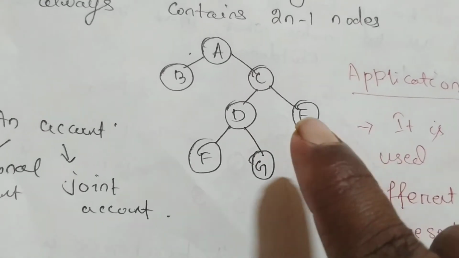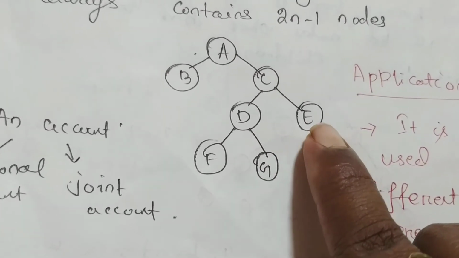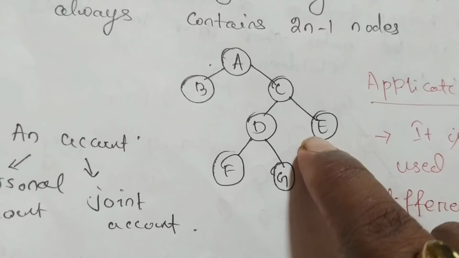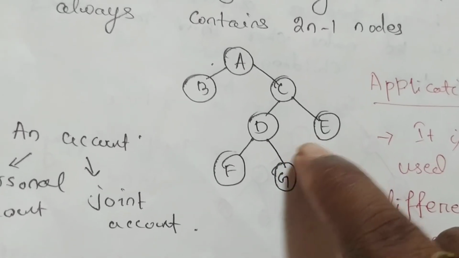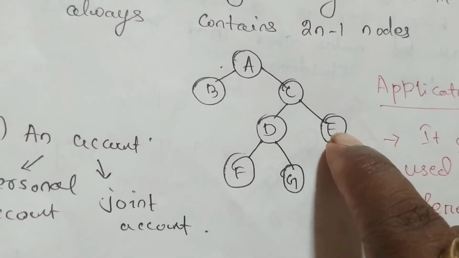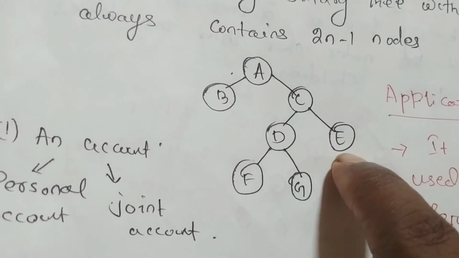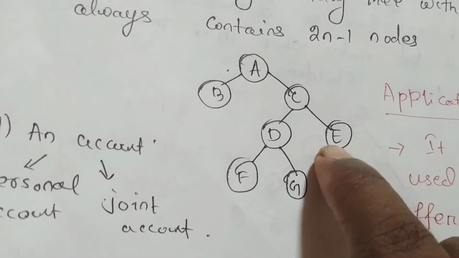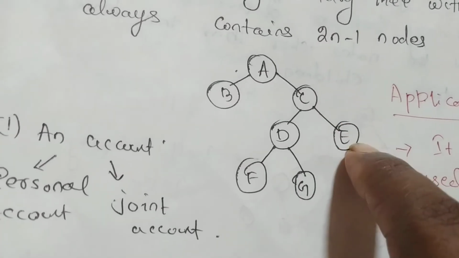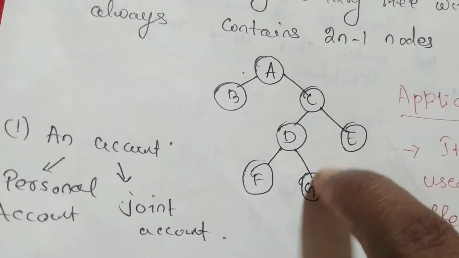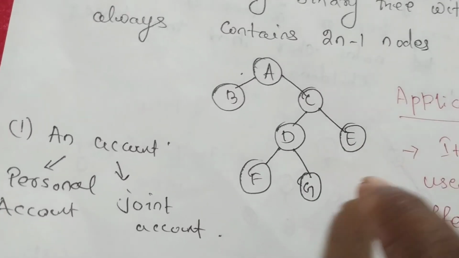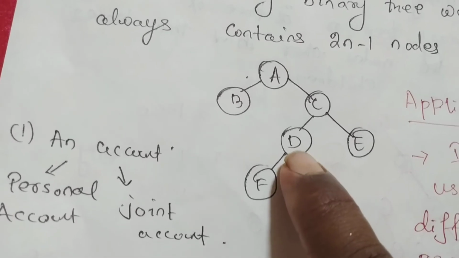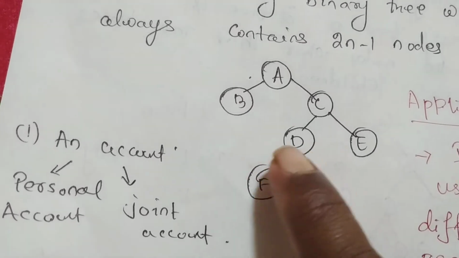Suppose you see here E is a terminal node, but if I put a right subtree or a left subtree here, then it will become a non-terminal node. And according to the rules of a strictly binary tree, whenever we have a non-terminal node, it definitely has both a left subtree and a right subtree. Here D is a non-terminal node having a left subtree and right subtree.